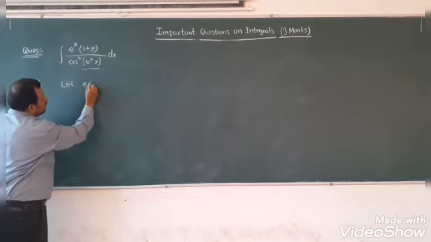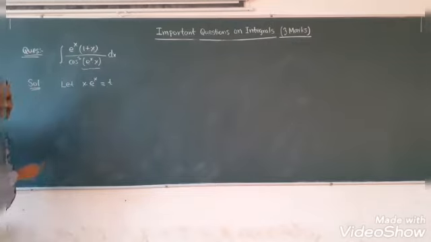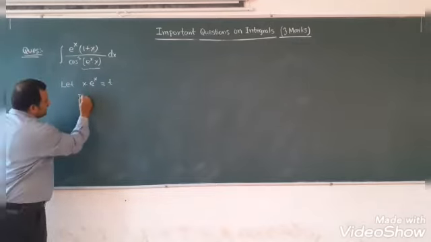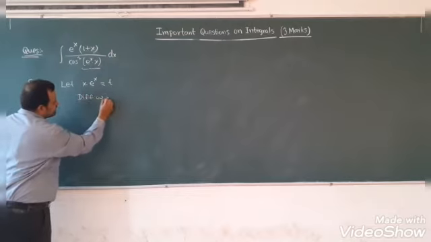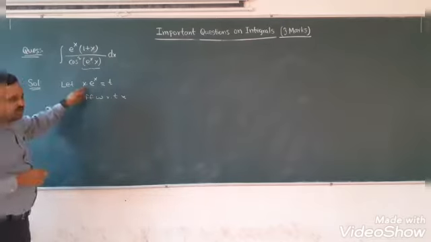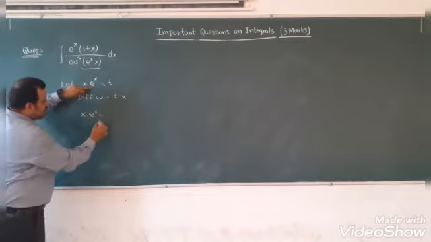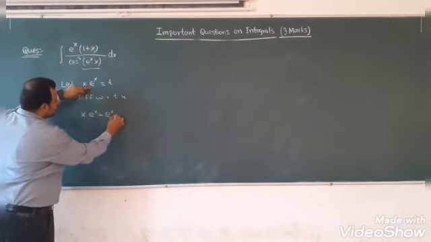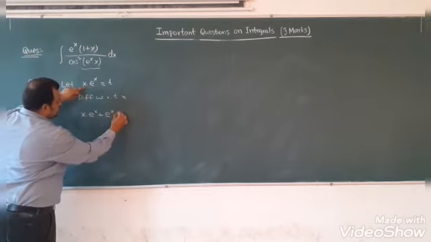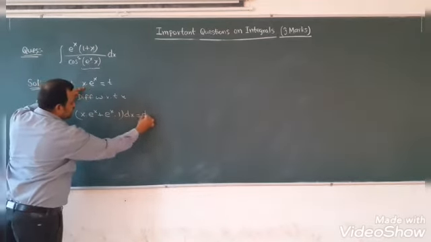Let x into e power x is equal to t. Differentiate both sides with respect to x. So how to differentiate this? Product rule: first function x into differentiation of e power x plus second function into differentiation of x. Here I can say, dx is equal to dt.